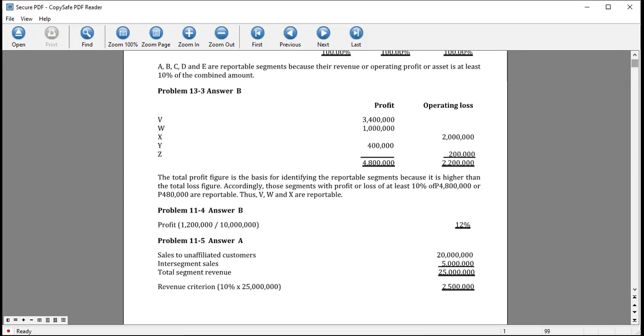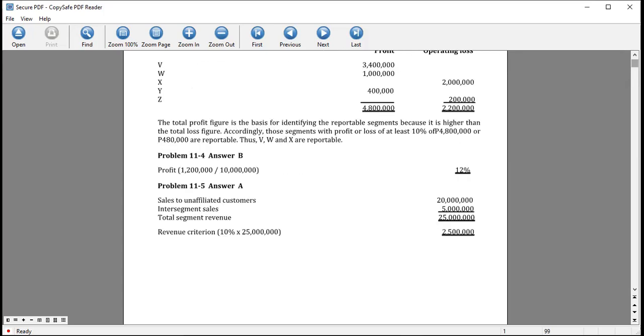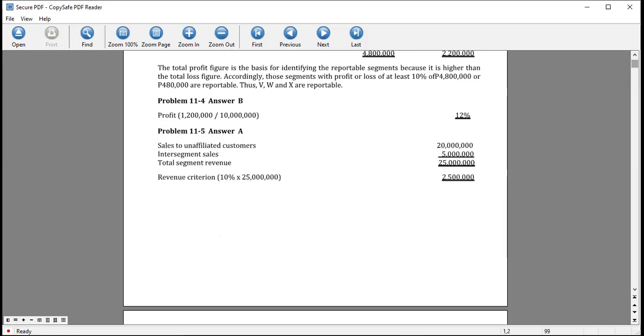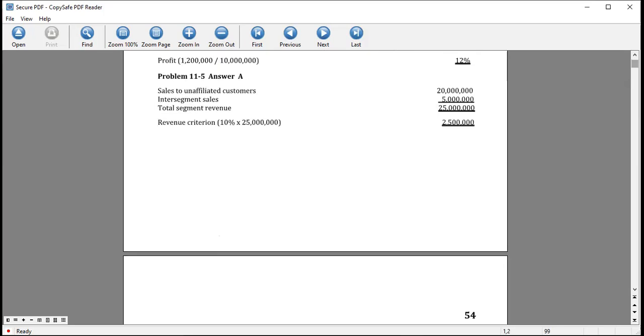In number 5, the question is, under the revenue test, what is the minimum revenue of a reportable segment? So we have now the sales to unaffiliated companies equal to 20 million.